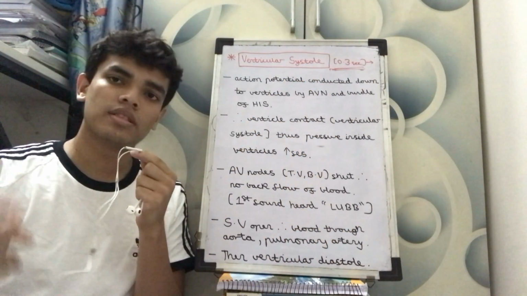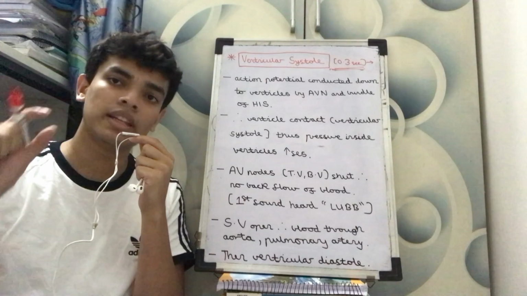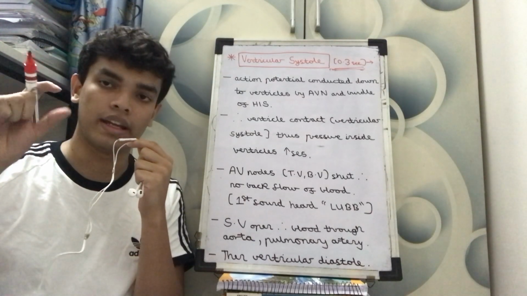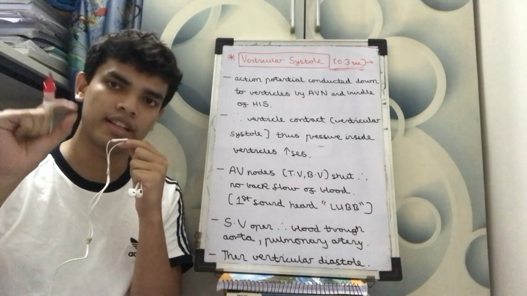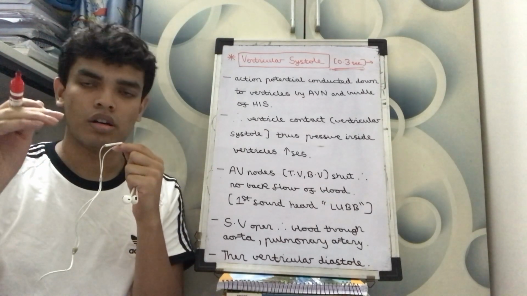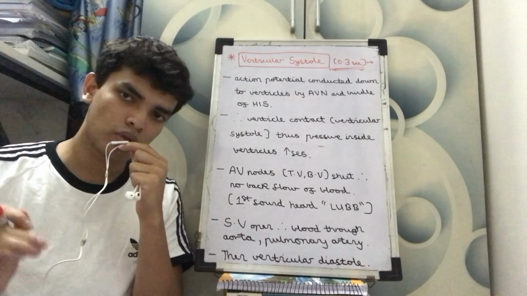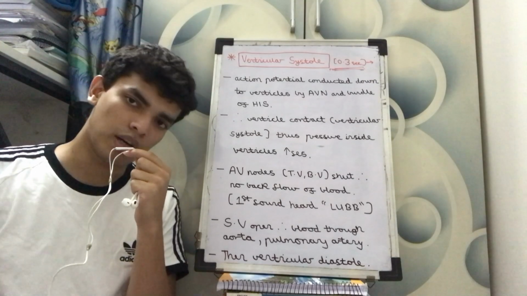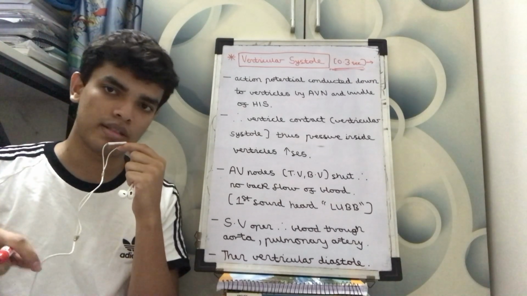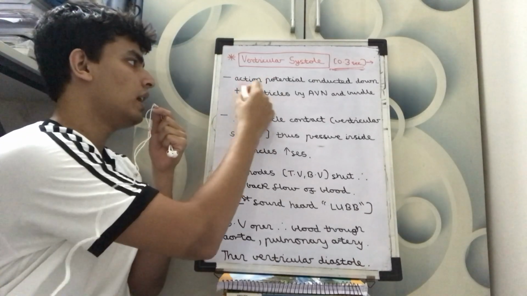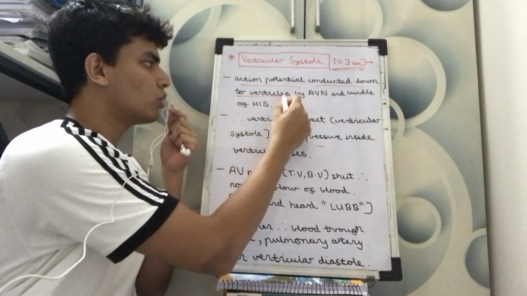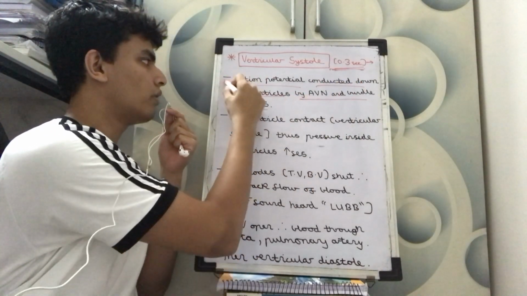We saw that in atrial systole the sinoatrial node, SAN, generates the impulses. When the impulses go, they pass on to the AVN. Now the AVN and the bundle of His carry the impulses and cause the contraction of the ventricles. As I've written here, action potential is conducted down to the ventricles by the AVN and bundle of His.